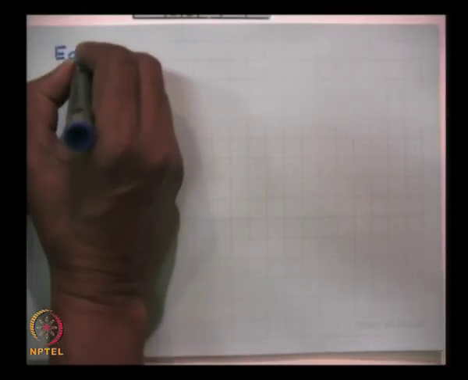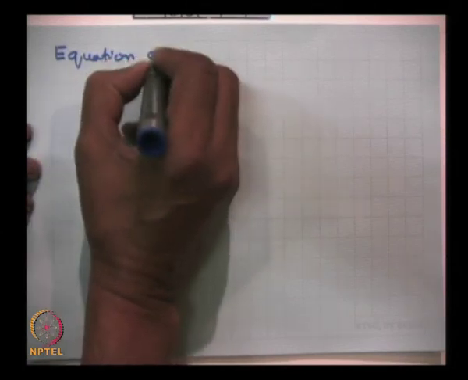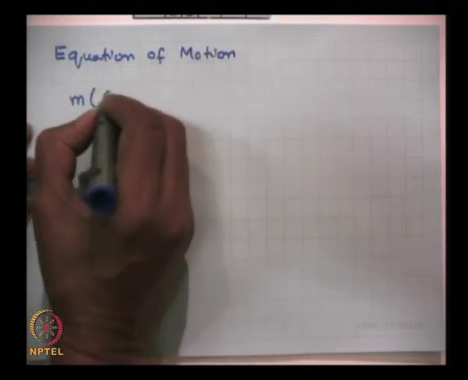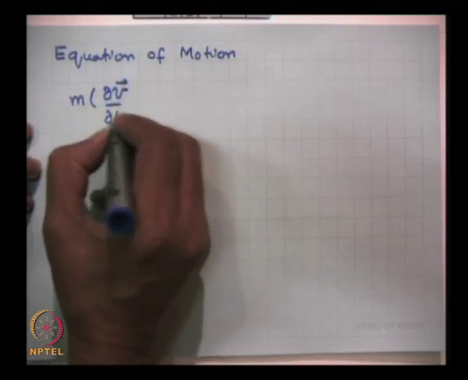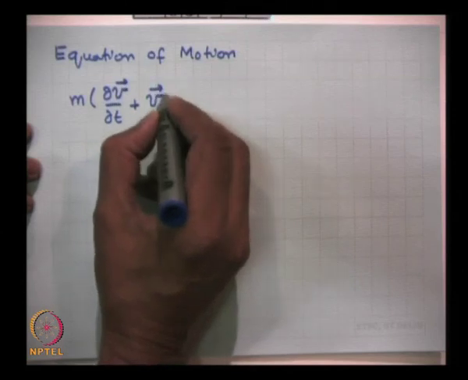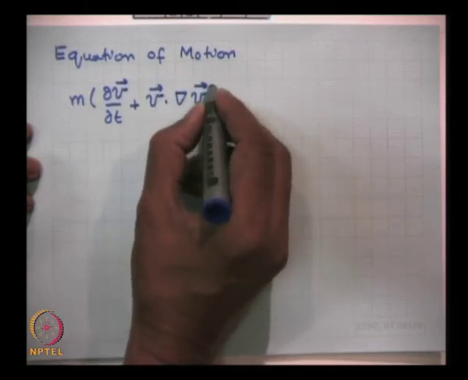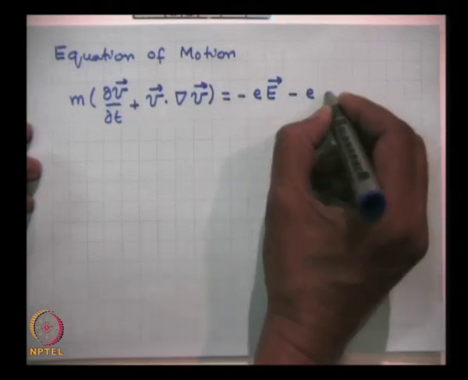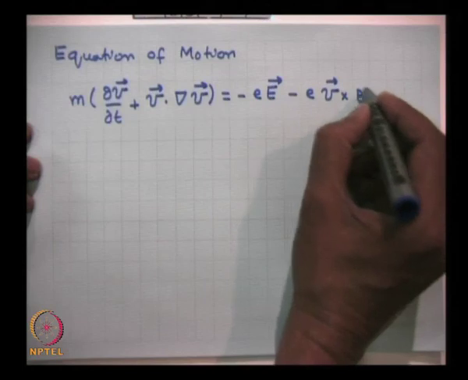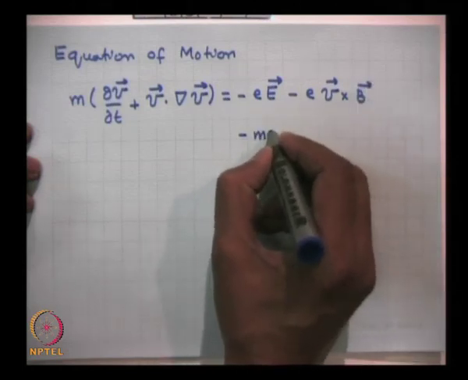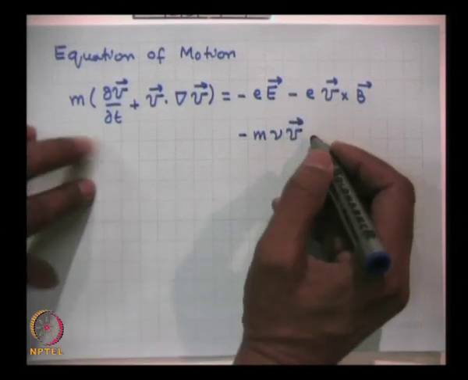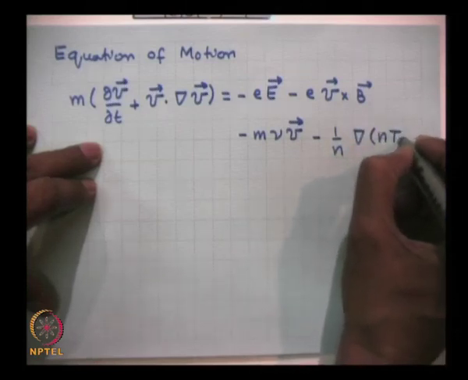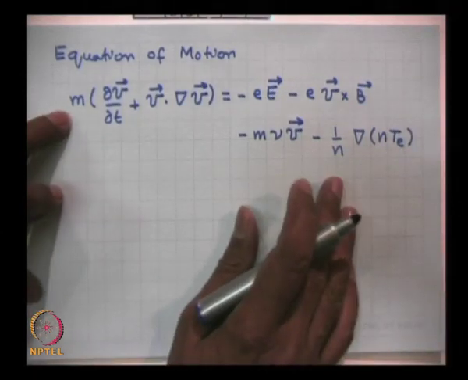The equation of motion can be written as m (delta V by delta t plus V dot del V) is equal to minus e E minus e V cross B, the magnetic force, minus m nu V, the collisional drag force, and minus 1 upon n gradient of n Te, the pressure gradient force. This is our complete equation of motion.